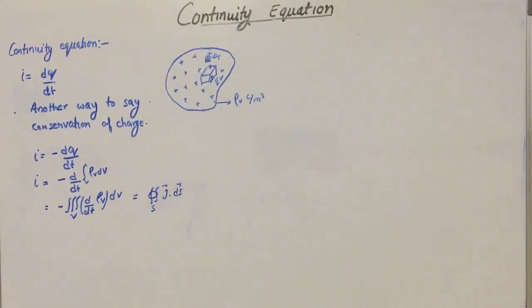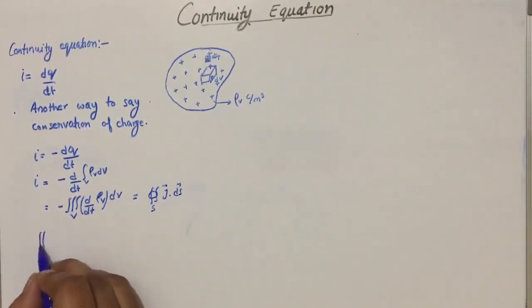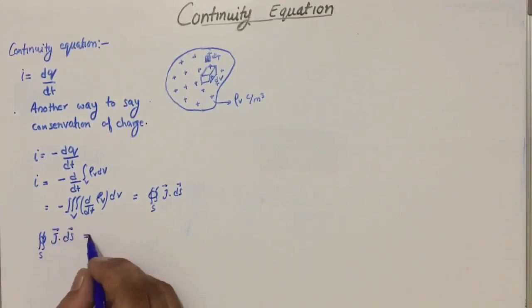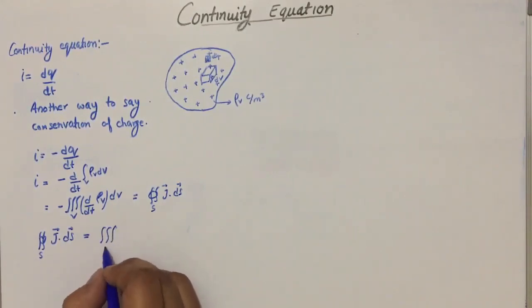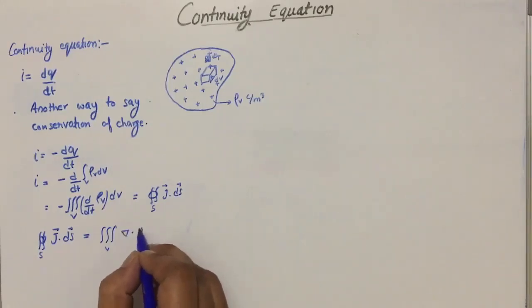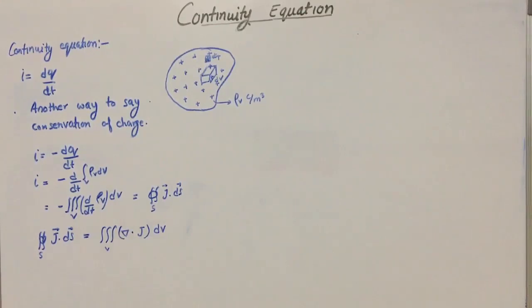Now if we try to relate this with the divergence theorem, then the surface integral of J dot ds can be transformed into a volume integral of the divergence of the vector. So this is the divergence theorem.